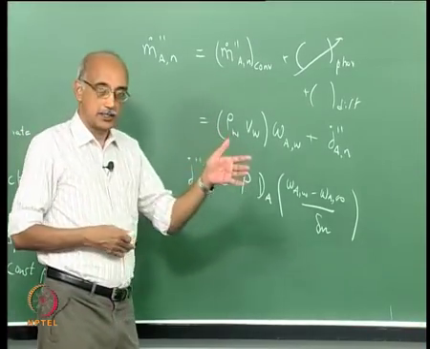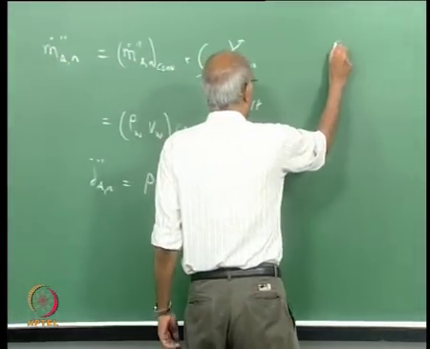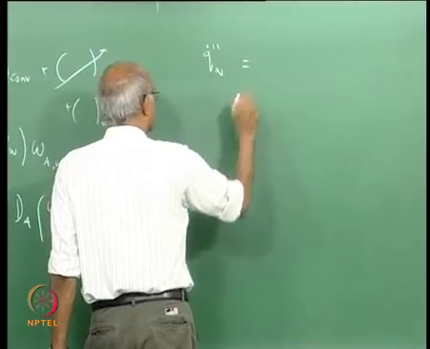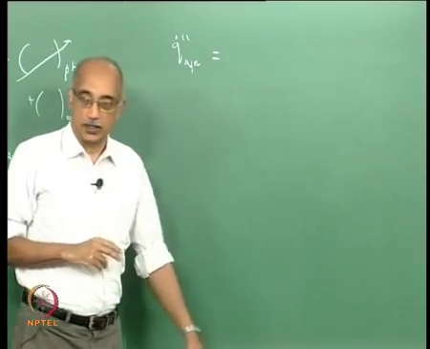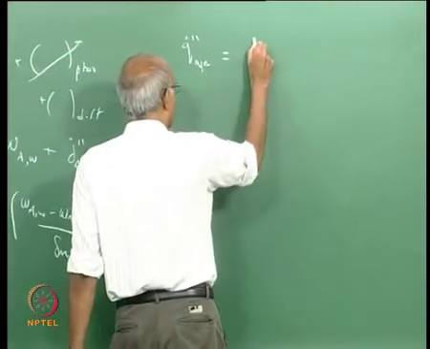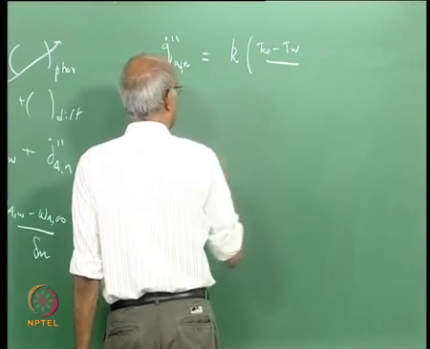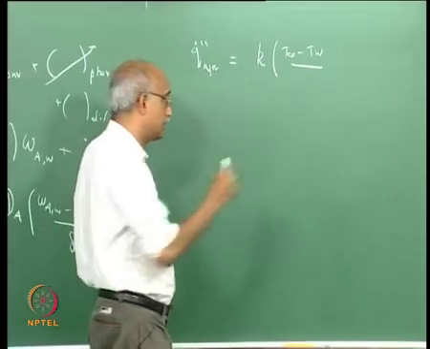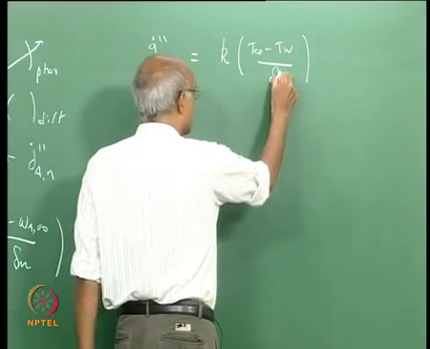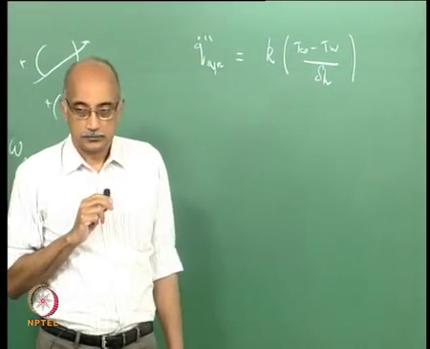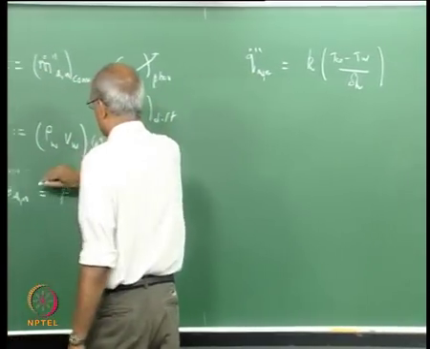Now, correspondingly there is a heat flux that is supplying the energy to drive the evaporation process, and in the case where it is simply a Fourier heat flux, we can write this as K times T infinity minus T W divided by a heat transfer boundary layer thickness, let us write that as some delta H. So, what is the relationship between this and this?